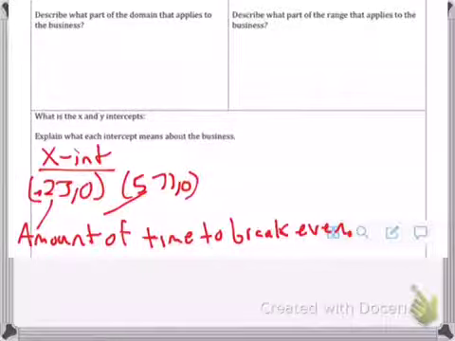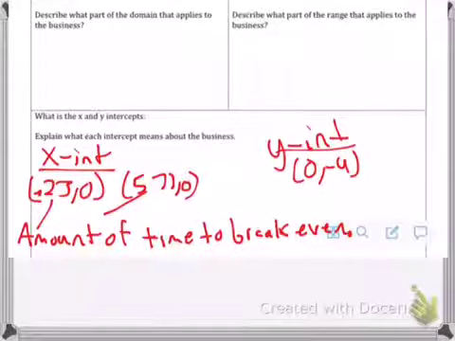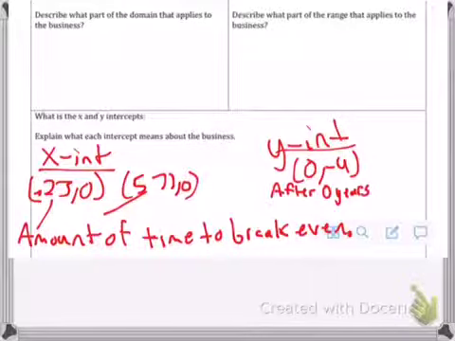Alright, and then the y-intercept was 0, negative 4, and that means after 0 years he has negative $400,000.